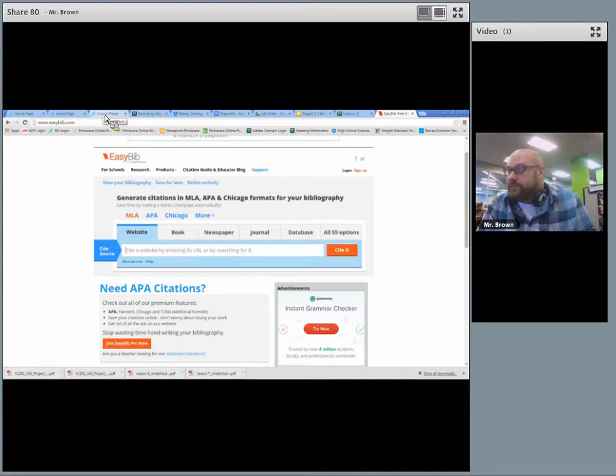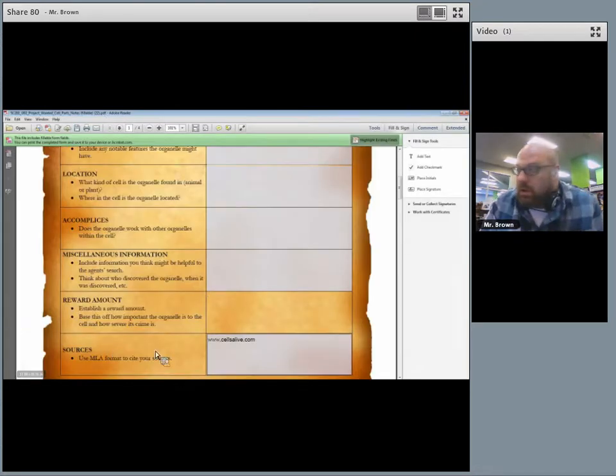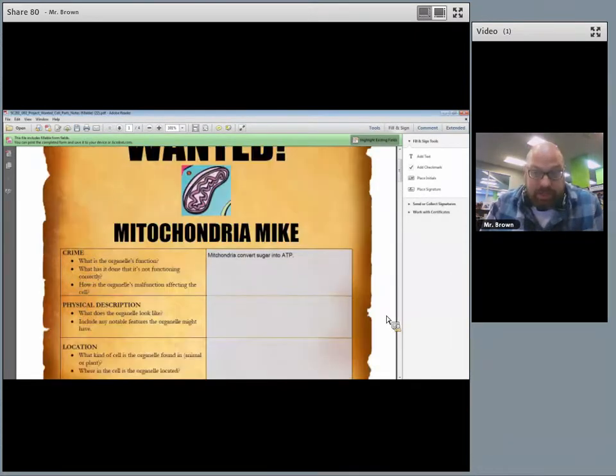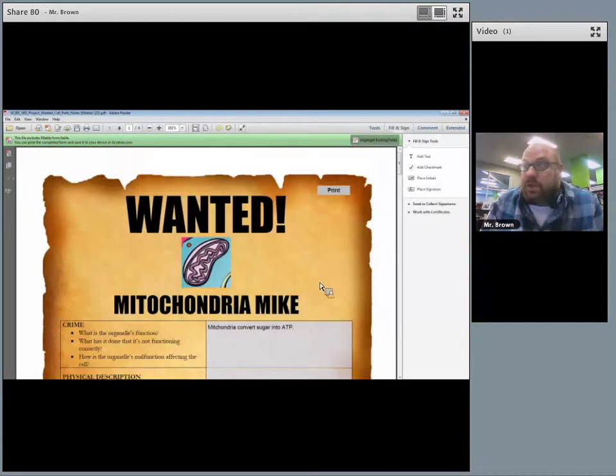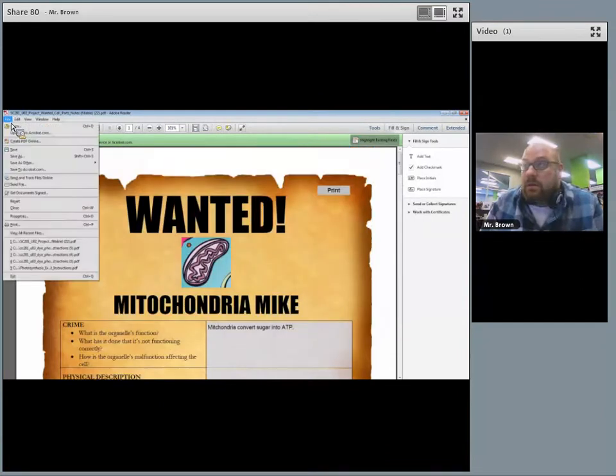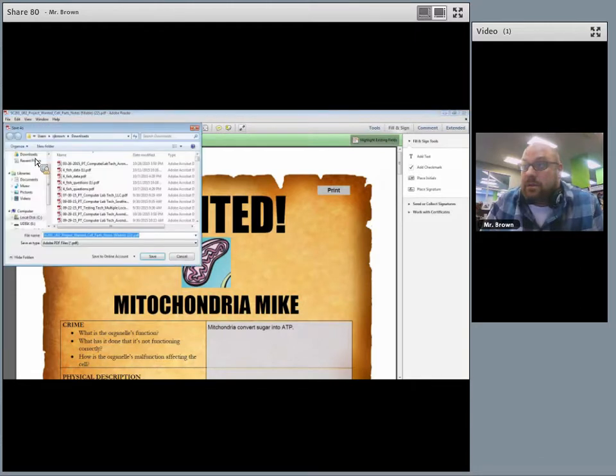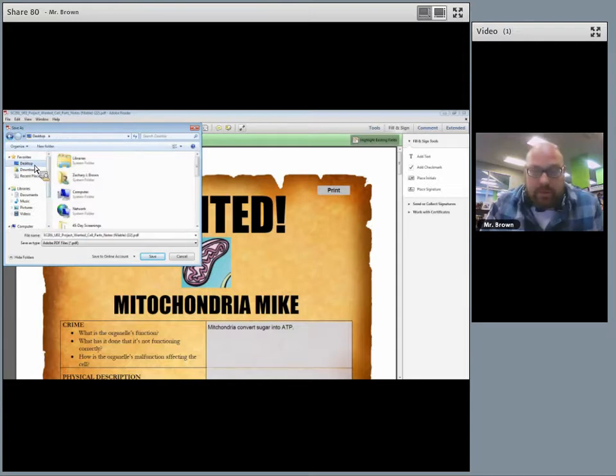Alrighty, so back to our wanted posters. A lot of students have trouble saving it for some reason. So you go down to File, go down to Save As. Save it wherever you want. Your desktop is usually the most convenient.